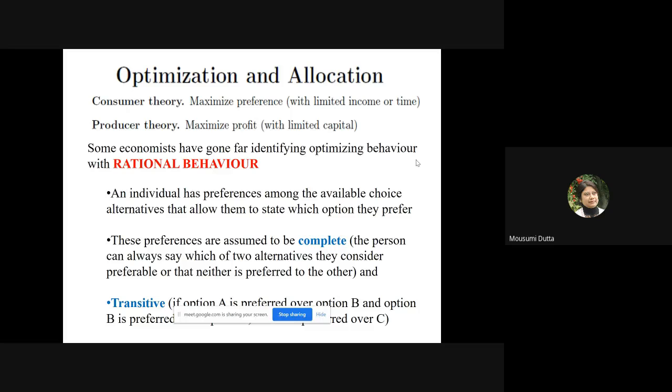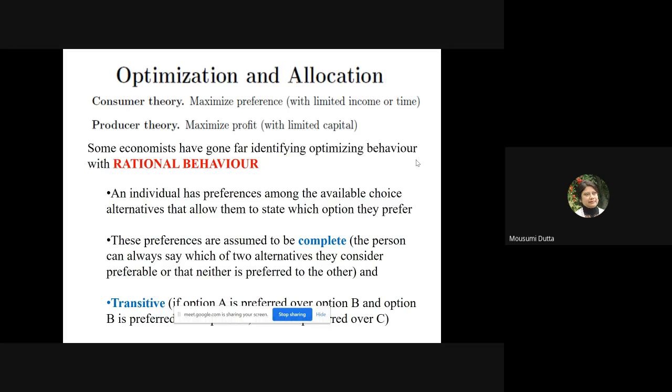So subject to limited income or limited time, the individual will always like to maximize utility, preferences, profit, etc. This school of economic thought presents optimization as rational behavior.